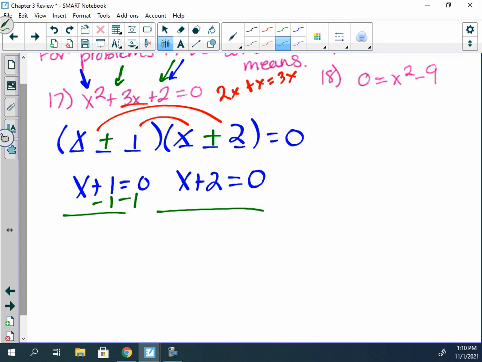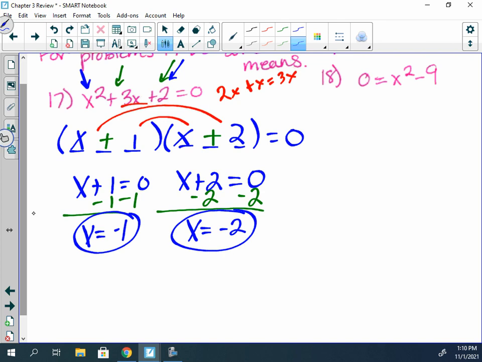So we would subtract 1 from both sides, which tells us x is equal to -1. Here we could subtract 2 from both sides, which tells us x is equal to -2. Now we could have also graphed this function. So x is equal to -1 and -2.